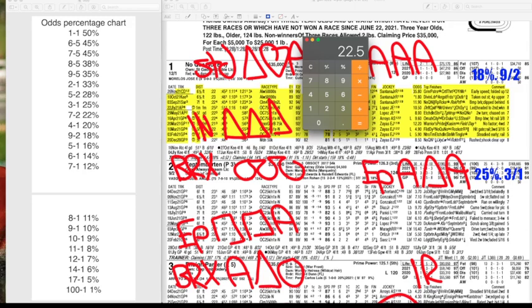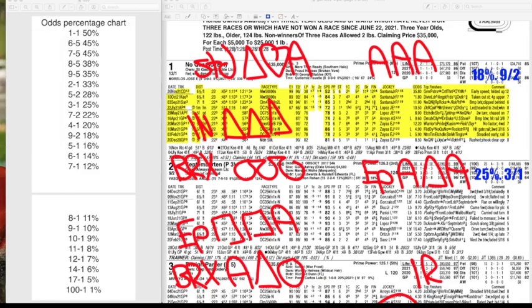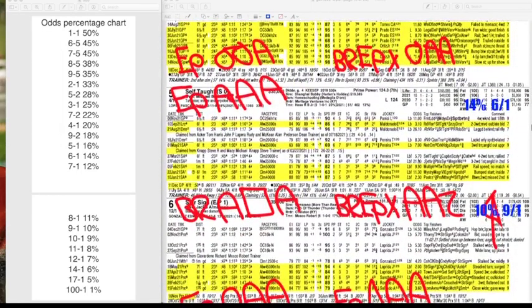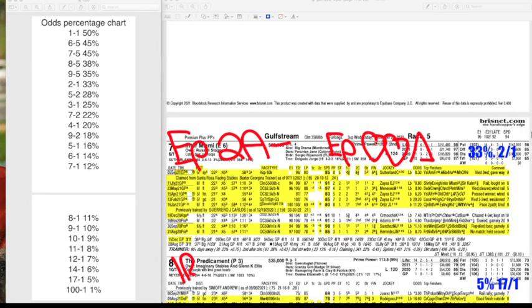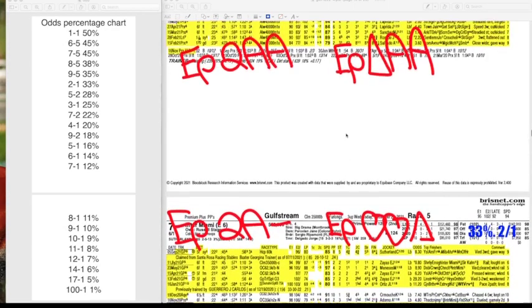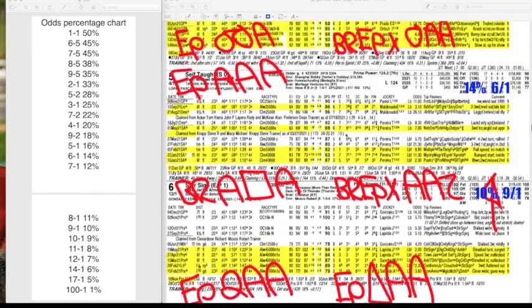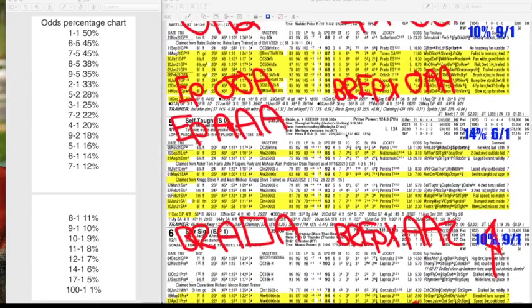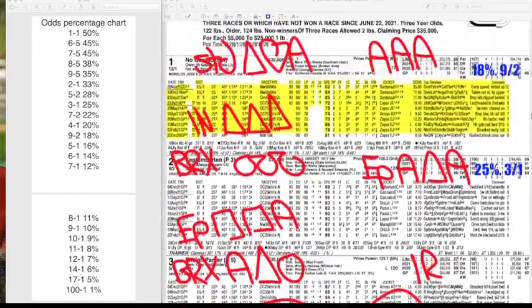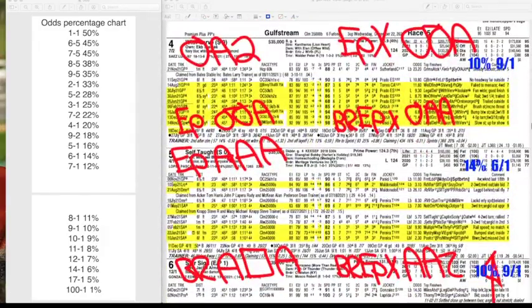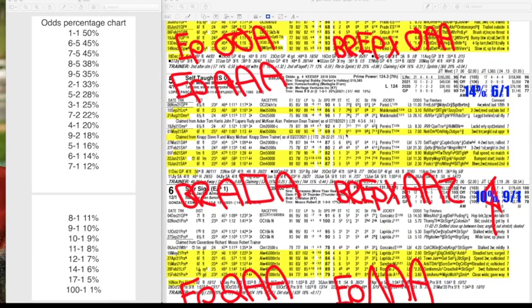I did think the 7 deserved more than a 22% chance to win it. I thought he was legit. In fact, I thought the 7's only drawback was being in the 6 hole. That made me nervous. So I knew I wanted to give him more points. The 5 was going to be on the inside. He was going to come off the pace.